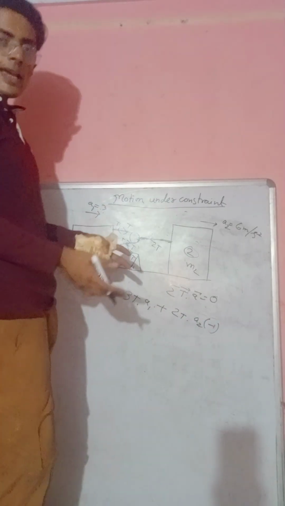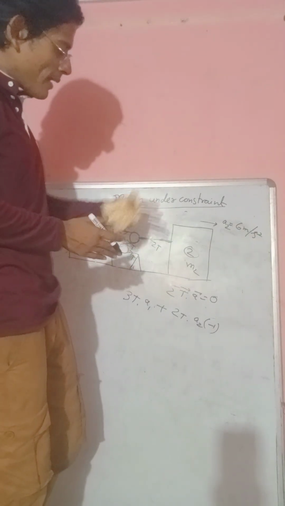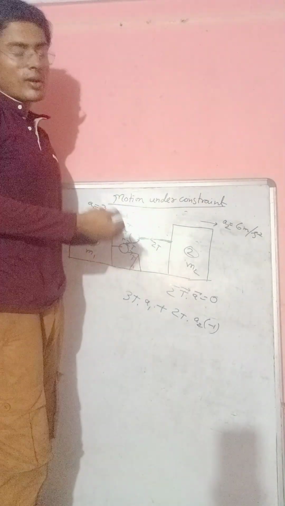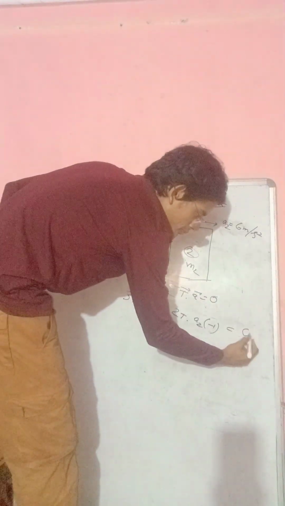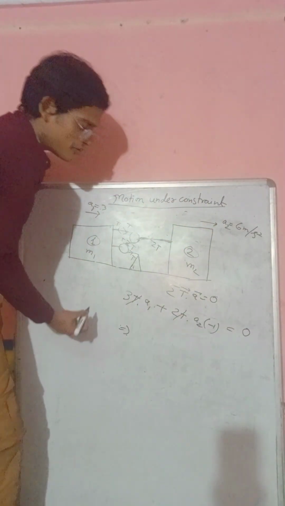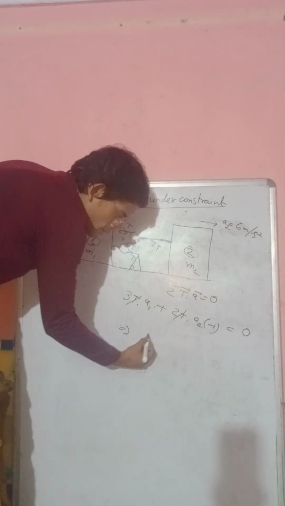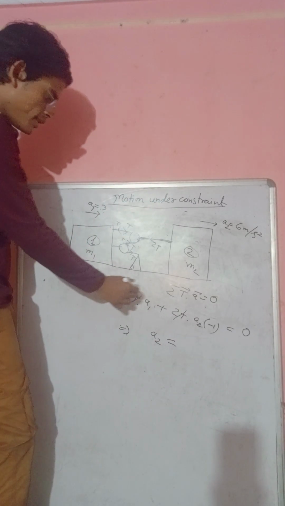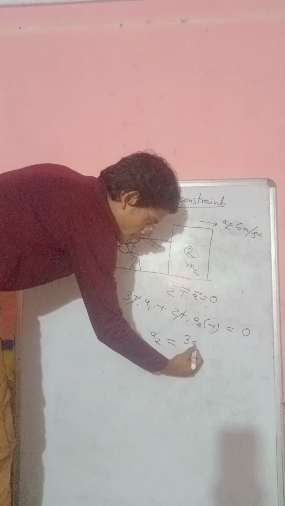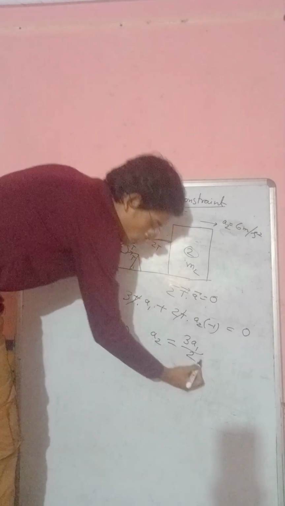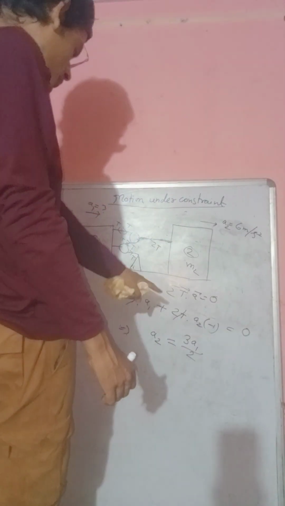Because acceleration and tension force are exactly opposite to each other, so definitely cos 180. So from this you can write tension force cancels out. So A2 equal to 3A1 by 2, right? A2 is equal to 3A1 by 2.